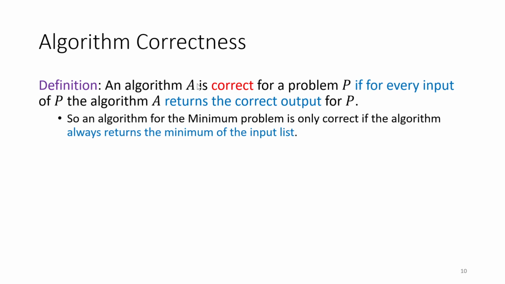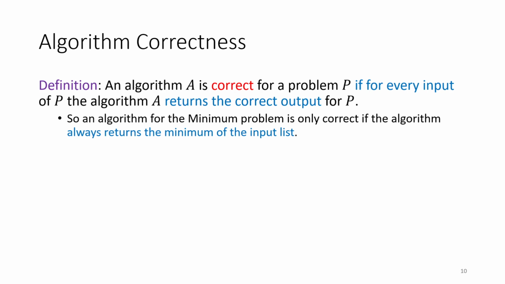Well, the algorithm is correct if for every input of the possible problem P, the algorithm returns the correct output for the problem P. So remember in our last video when we defined what a problem was, an information processing problem, a computer science problem, not just any old problem.